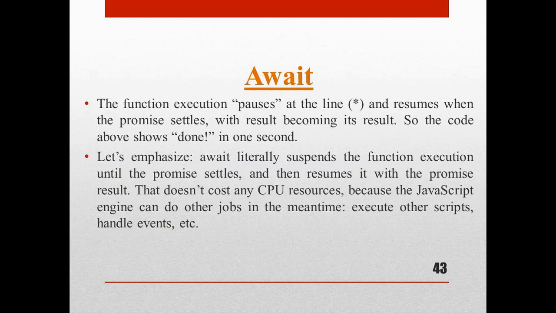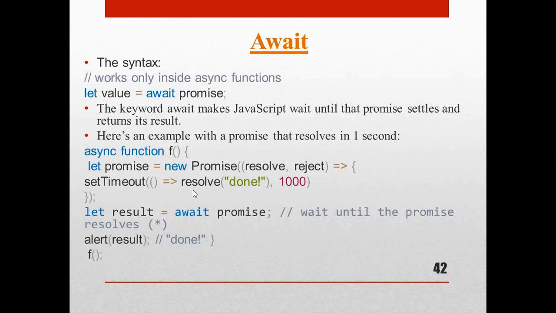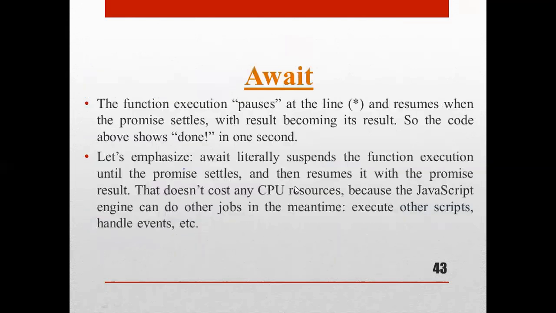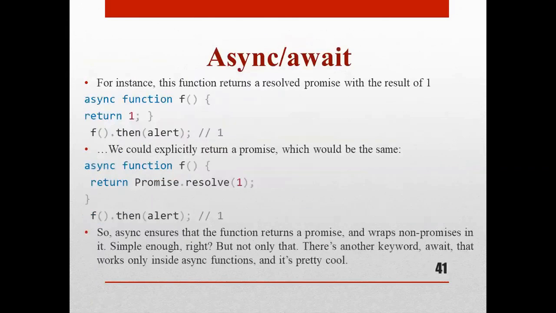So the code shows done after 1 second, because we have set the time, that is 1 second, here 1000. It will print this done after 1 second. Okay, so this is all about async and await.